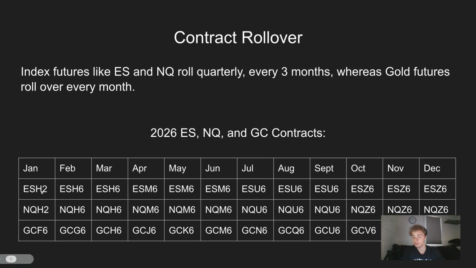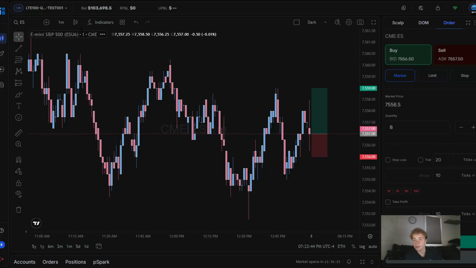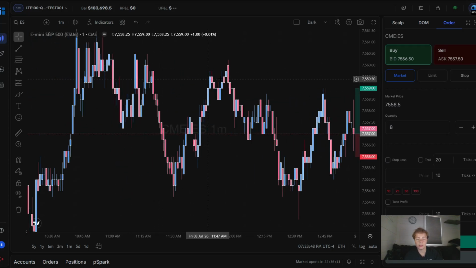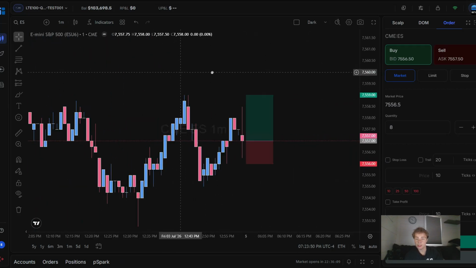These two index futures contracts last 3 months, meaning that they roll over 4 times a year. And then GC commodity product rolls over 12 times a year, so once a month. So yes, U6, July, right here. So that's just something to know.